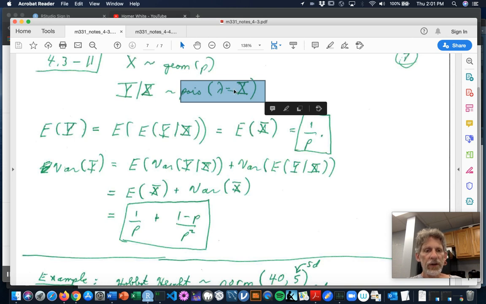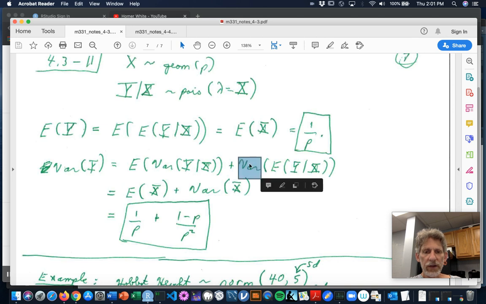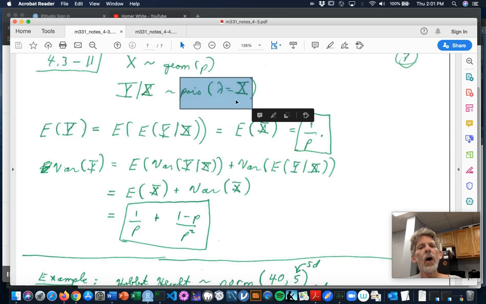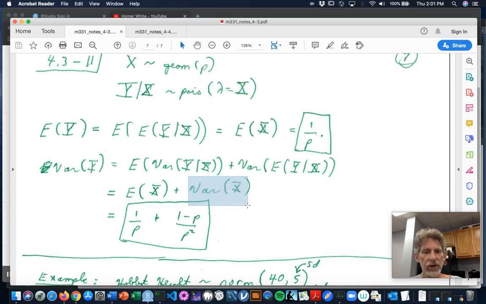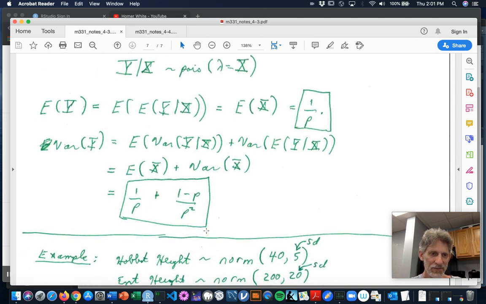And so the variance is X. So we're looking at the expected value of just X. All right, now let's look for the variance of the expected value of this thing. Let's see, well, what is the expected value of a Poisson? Oh, it's the lambda again. So we're looking for the variance of X. So we're adding together the expected value and the variance for a geometric.